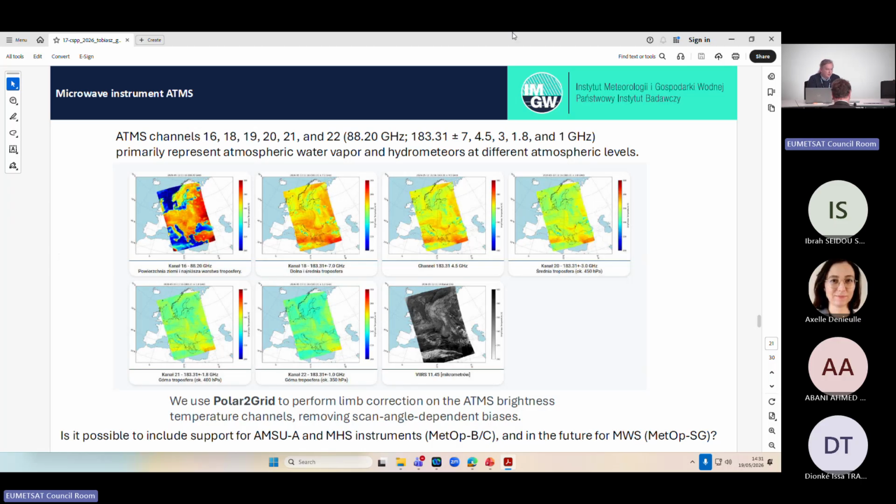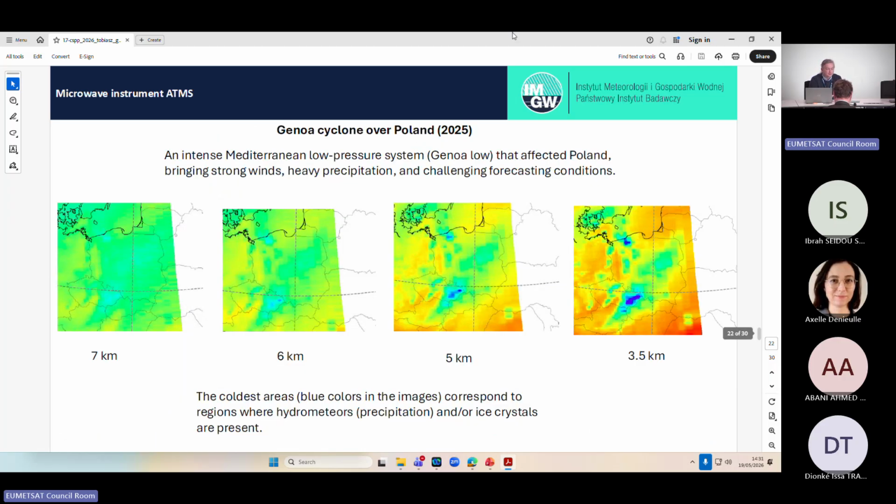And it would be good if we use this limb correction also for the METOP microwave instrument, and in the future for METOP Second Generation.